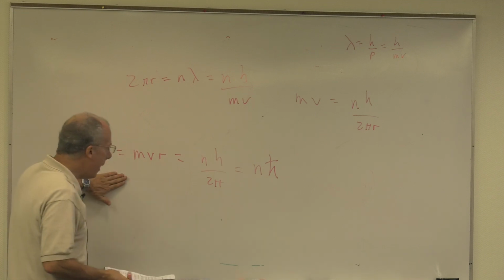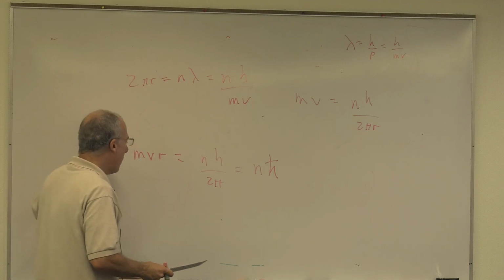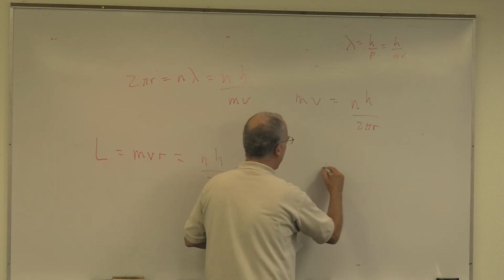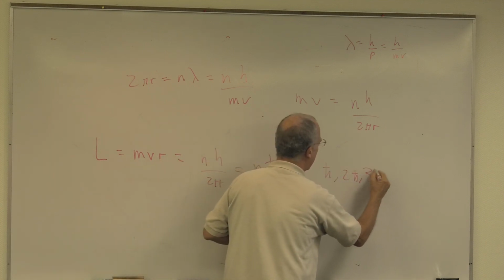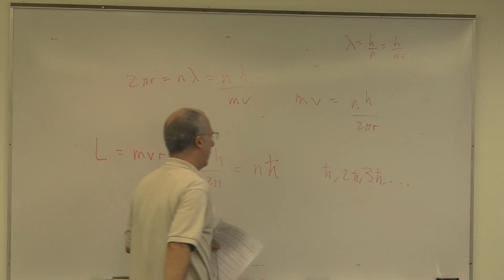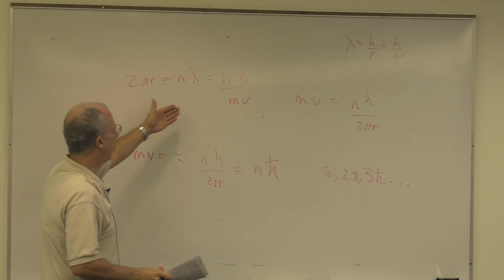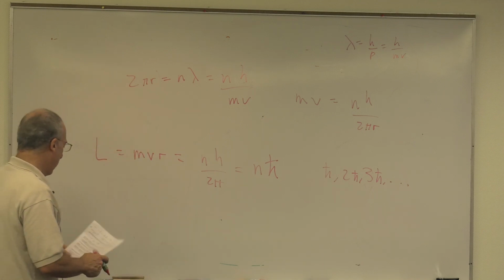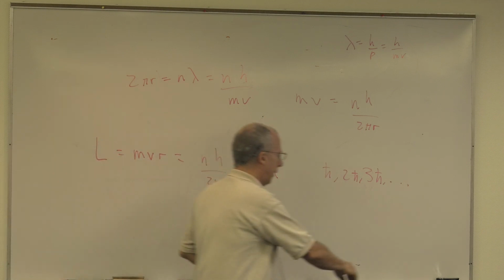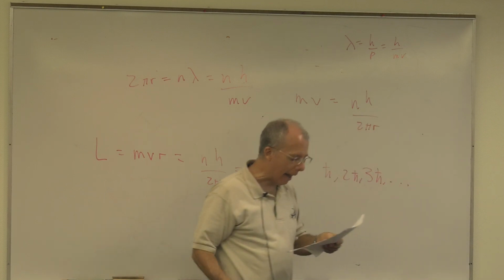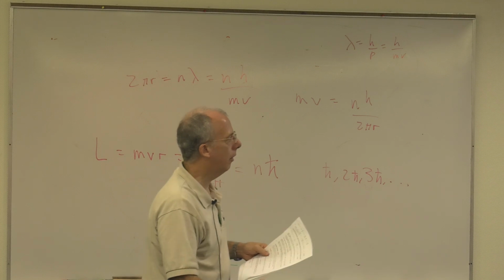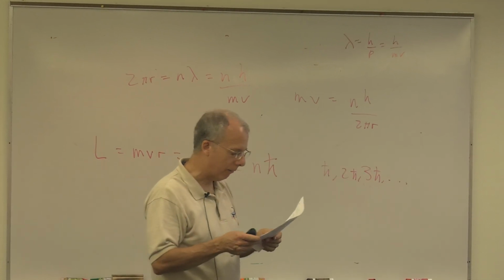So bingo! The angular momentum can only have certain values, right? It can only have h bar, 2 h bar, 3 h bar, and so forth. So just by using the de Broglie relation, we get that the angular momentum is quantized. There's only certain allowed values of angular momentum.